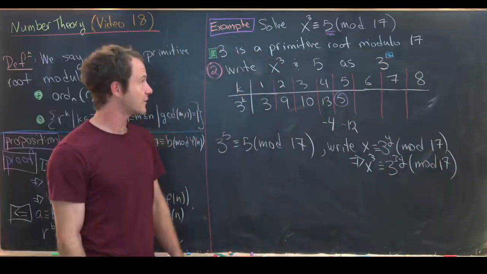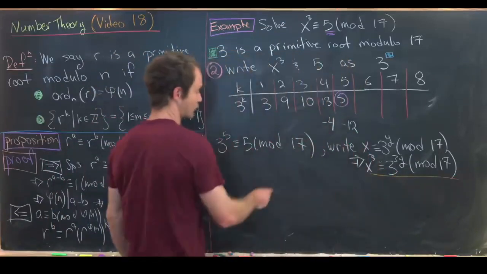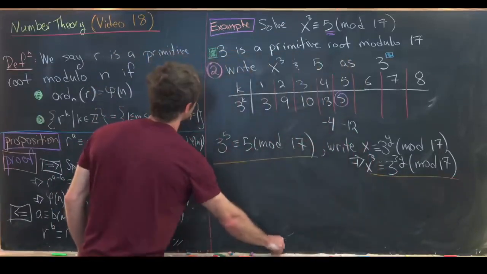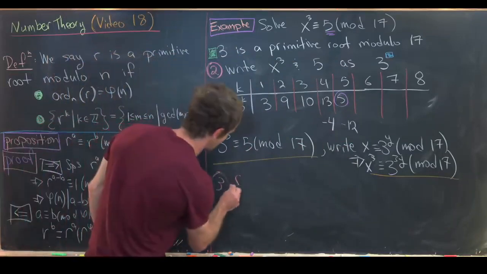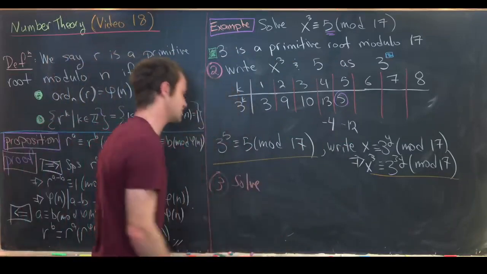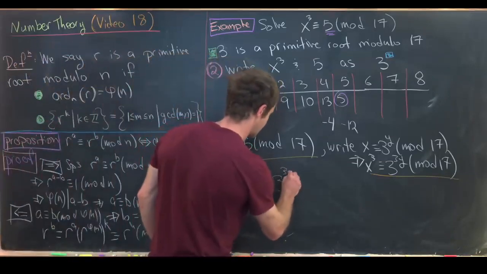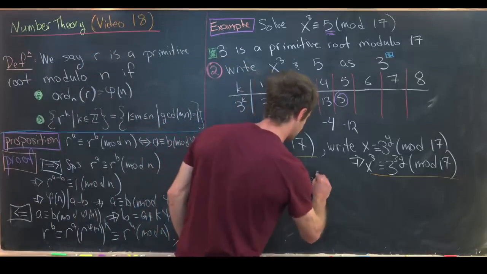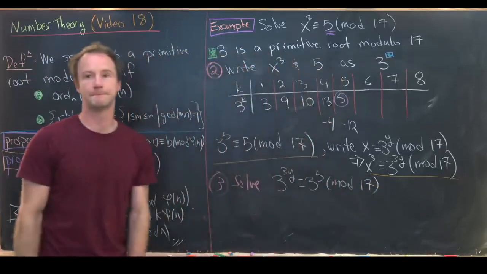Okay, and now where do we go from there? Well, we're going to take our goal congruence and rewrite it using these two things that I have underlined in orange. And that comes to our last step, which is essentially just solve. So now we have 3 to the 3y is congruent to 3 to the 5 mod 17.